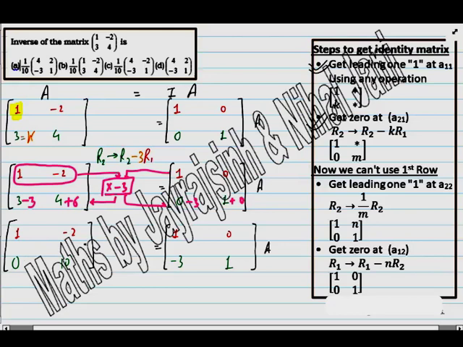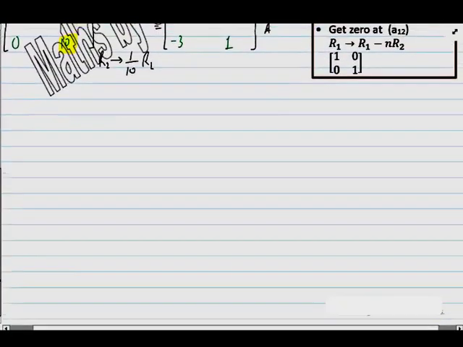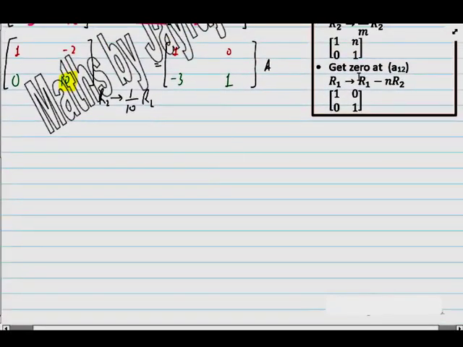We get 0. Now we should get leading one at the A22 point, and for that you have to take 10 common from the second row, or we can say we should take the operation R2 gives 1 by 10 R2, right? And in this operation our first row will be as it is.